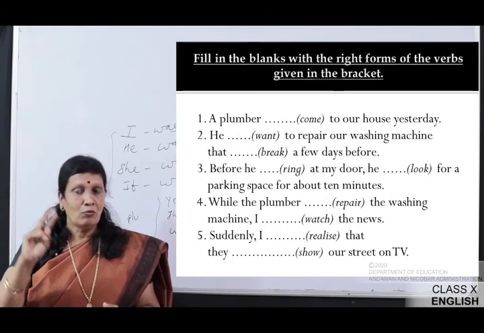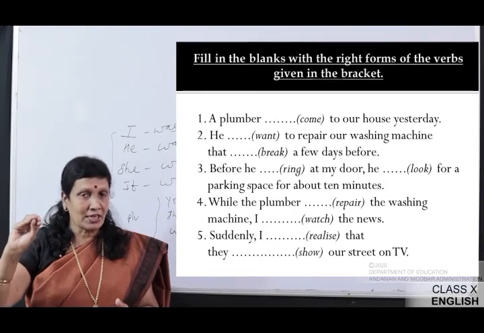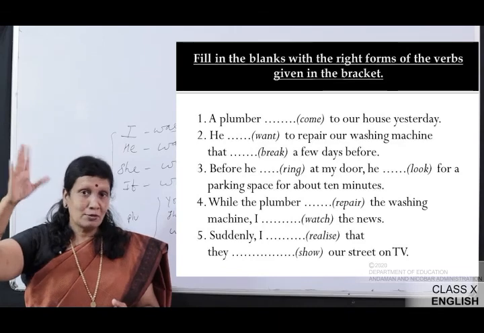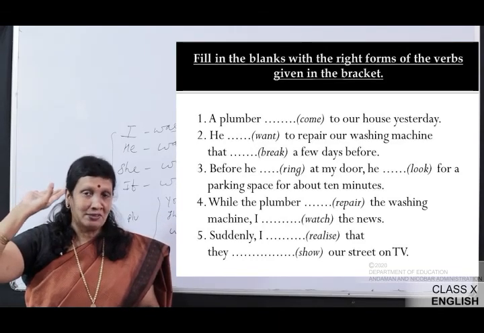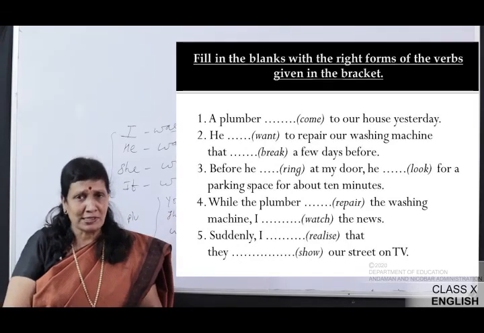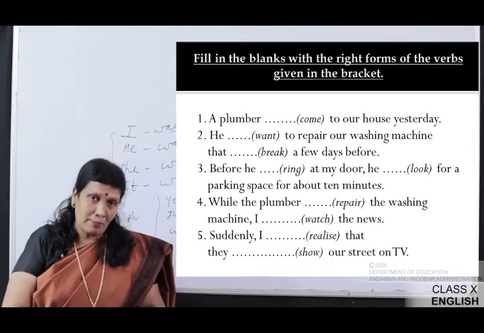For example, what are the two actions here? Somebody came to repair the washing machine, that is one action, and the other action is the machine was not working. Something had happened to the machine. So which action took place first? Something happened to the machine, that is why a person came to repair it, isn't it?